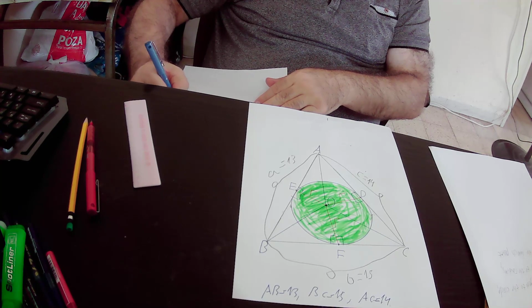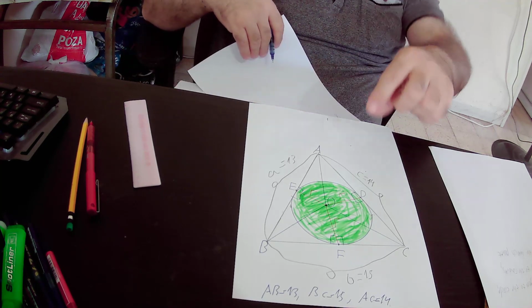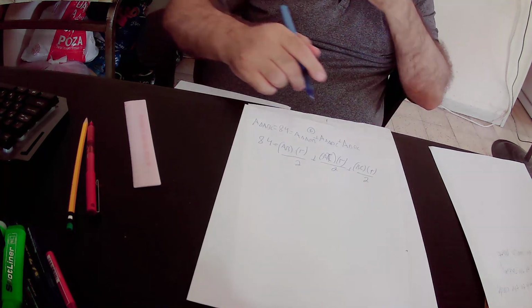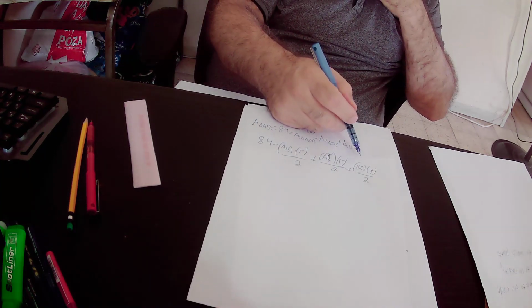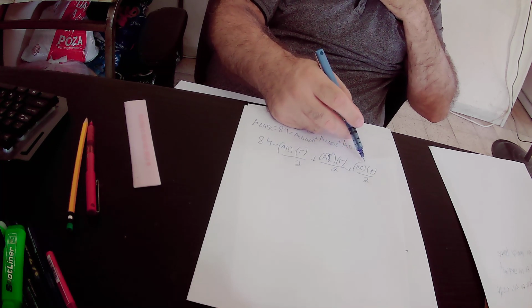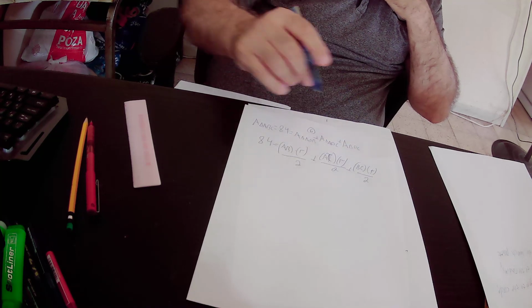So in total we got that the area of triangle BOC equals BC times the radius over 2, where BC is the base and the radius is the height to the base.